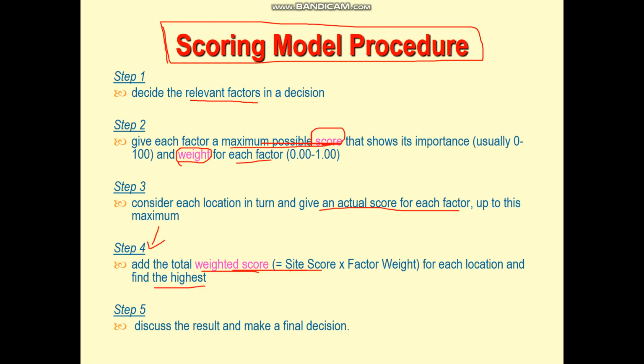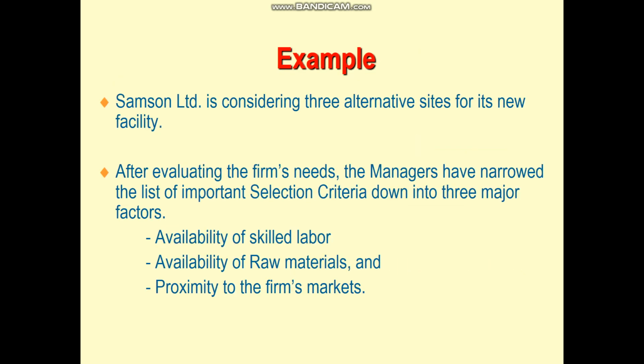And then the final step, you discuss the result and make the final decision. So for the costing model, we choose the smallest value, but for the scoring model, we choose the highest value.